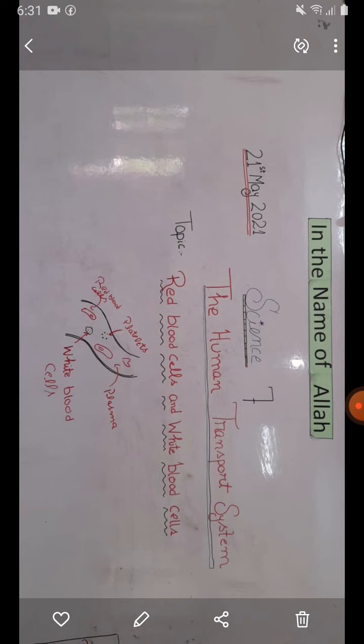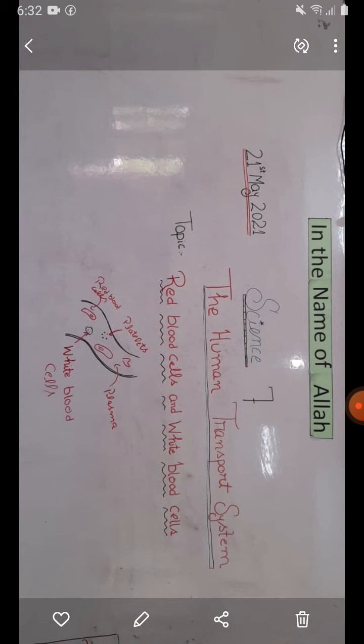This allows the cell to change shape as it moves through narrow blood capillaries. In 1 cubic millimeter of blood, there are maybe 5 million red blood cells. The main job of red blood cells is to transport oxygen from the lungs to every cell of the body.